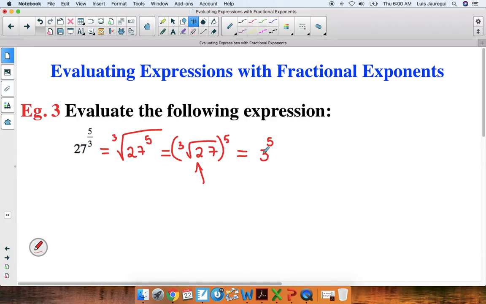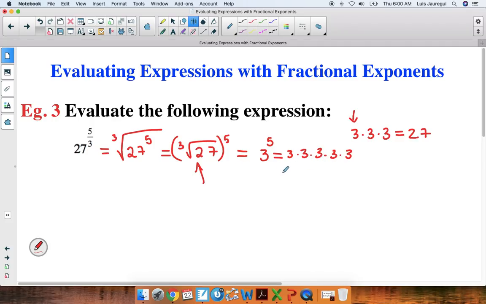And how do I know that 3 is the cube root? Well, because 3 times 3 times 3 gives us 27. So we're looking for that specific value that multiplied by itself many times will give you 27. Check this out. 3 times 3 is 9, times 3 gives you 27. Now, we have 3 to the 5th, so that translates into 3 times 3 times 3 times 3 times 3, using repeated multiplication.